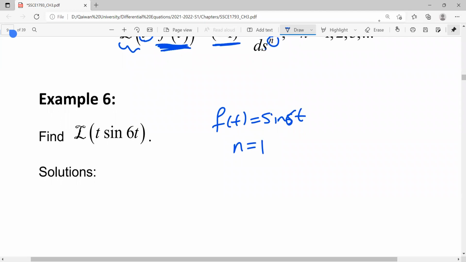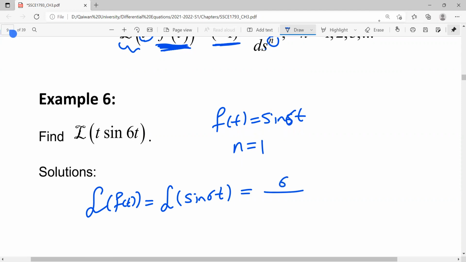That means the Laplace transform of f of t equals the Laplace transform of sine 6t. That equals a, which is 6, dividing by s squared plus a squared, which is s squared plus 36.